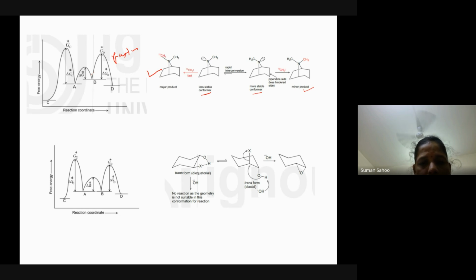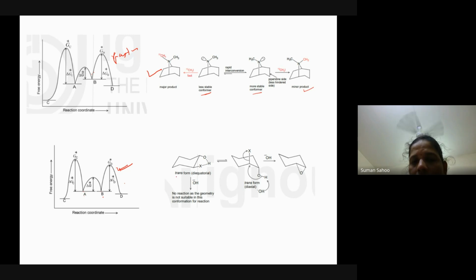And when both the conformers are of the same energy, in that case, what would be your driving force? Which one reacts faster? Which one passes through a lower energy transition state? So here B will give you the major product and A will give you your minor product.